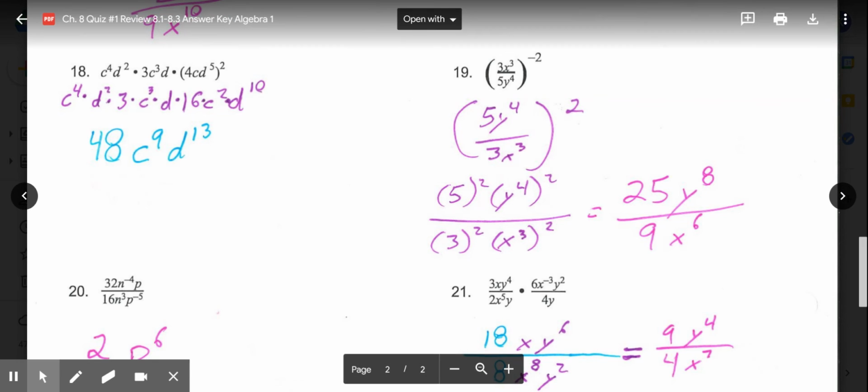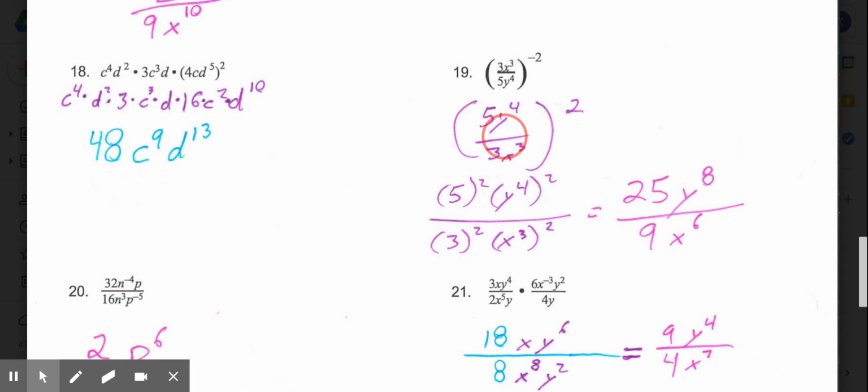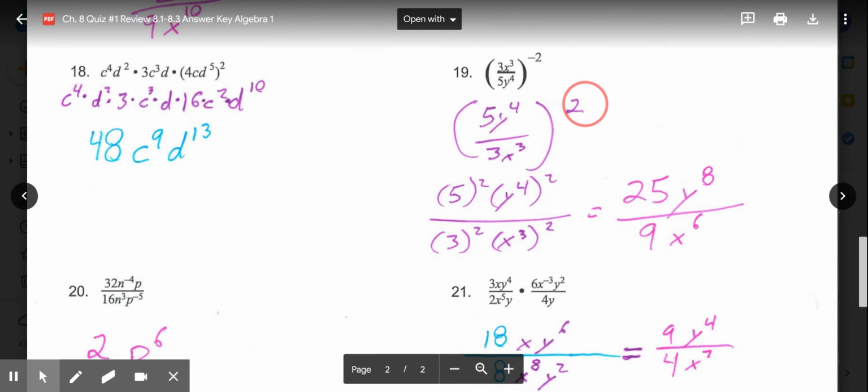Now in 19, we have a fraction in parentheses to a negative power. So right away, what I'm going to do is I flip the fraction. So the numerator and denominator flip sides, and then it is to the positive second power instead of the negative. So we have 5y to the fourth over 3x to the third, all in parentheses squared.